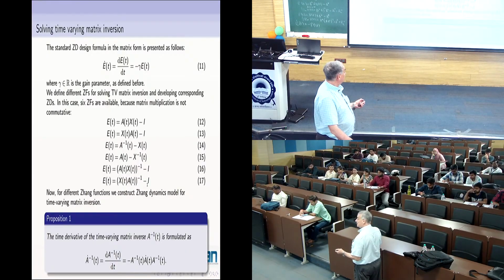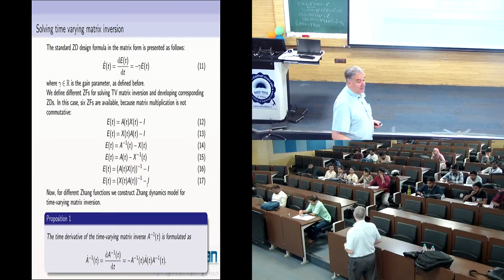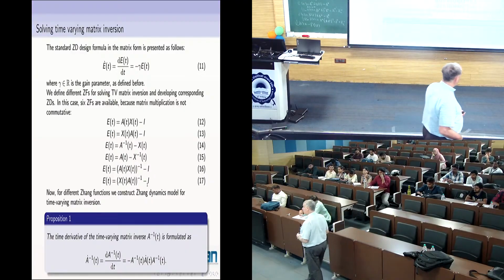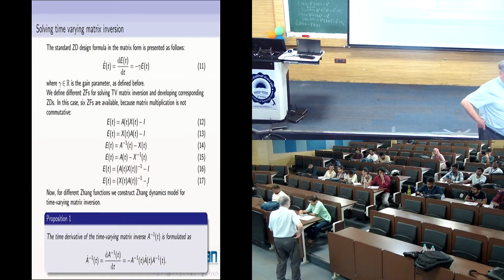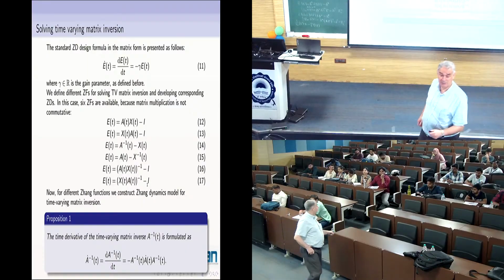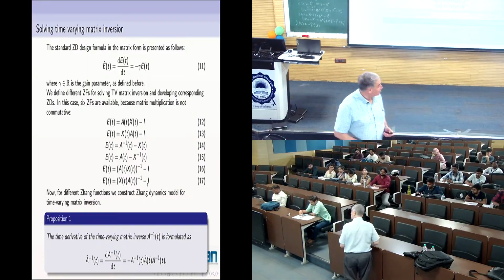I is the identity matrix. And besides the error function ax minus I, we have another case xa minus I because of non-commutativity of matrix multiplication.